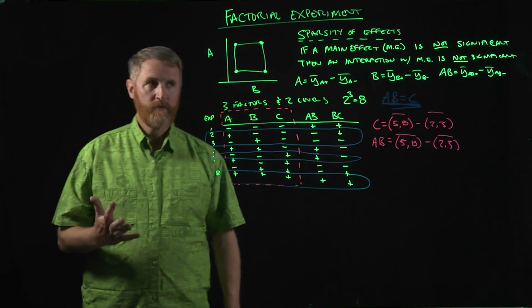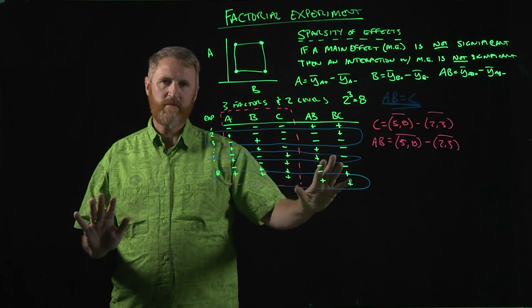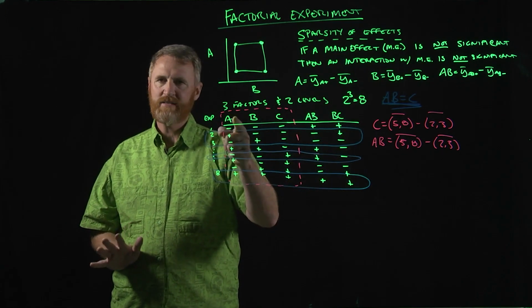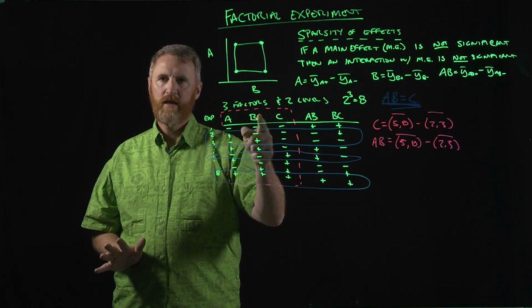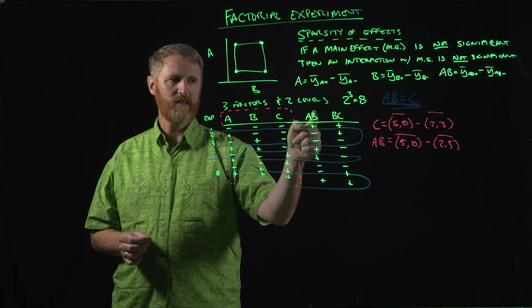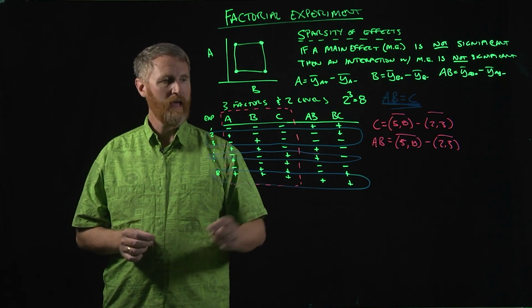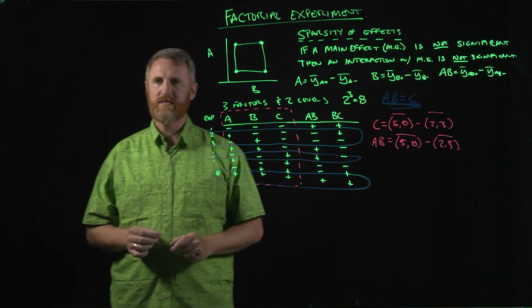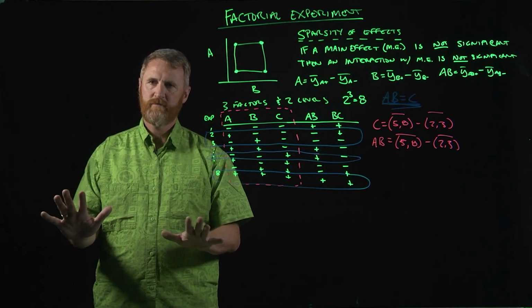Why would I do that? Well, sparsity of effects. If I run this experiment and I find that A is not significant and B is not significant, then I would conclude that if neither of these are significant, the A-B interaction is probably not significant either, and then I can conclude that C is the significant factor and I can be done with my experiments.